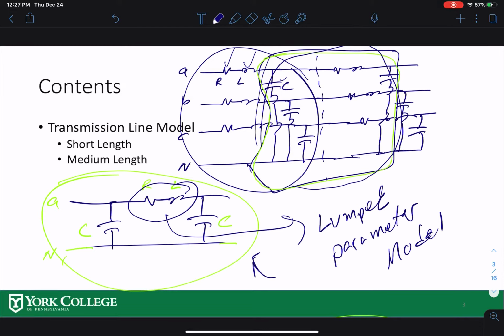If the section length is 1 kilometer, we're going to have the whole R and L together for 1 kilometer. It could be 10 kilometers, 150, 200 kilometers. You're going to put them together in one section. That's the lumped parameter model, and we also call this the pi model. It looks like a pi, so we also call it pi model.